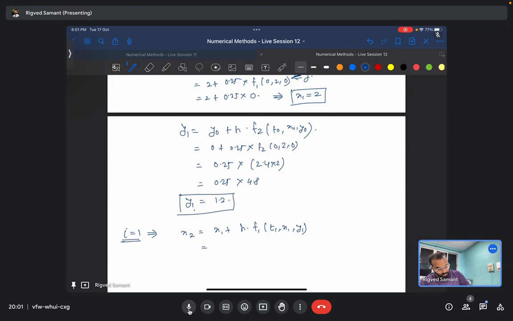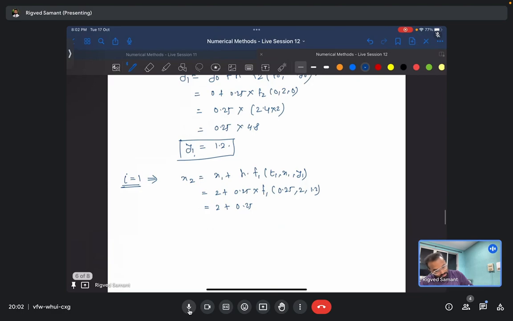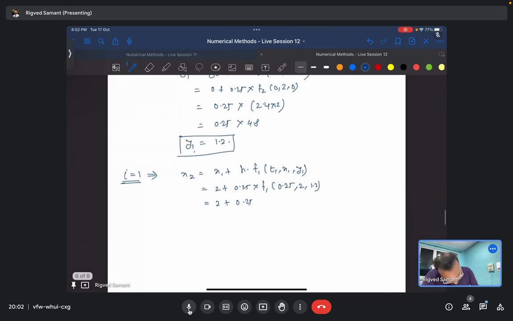x1 is 2, h is 0.25 into f1 of t1 is 0.25, x1 is 2, y1 is 1.2. So 2 plus 0.25, what is f1? f1 is just y, so it is y into 1.2.